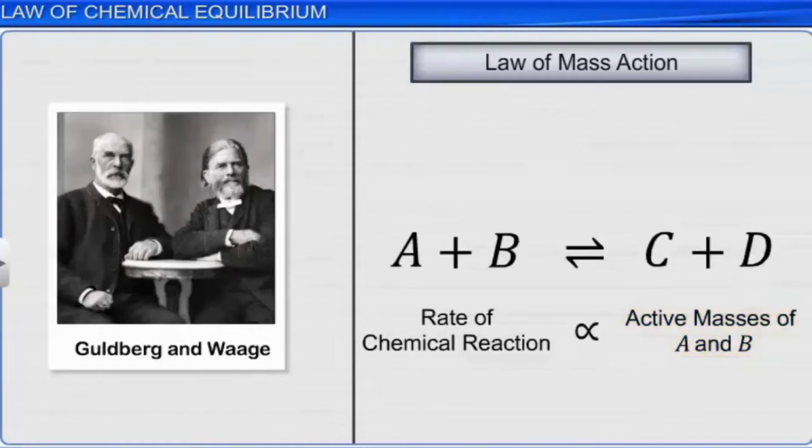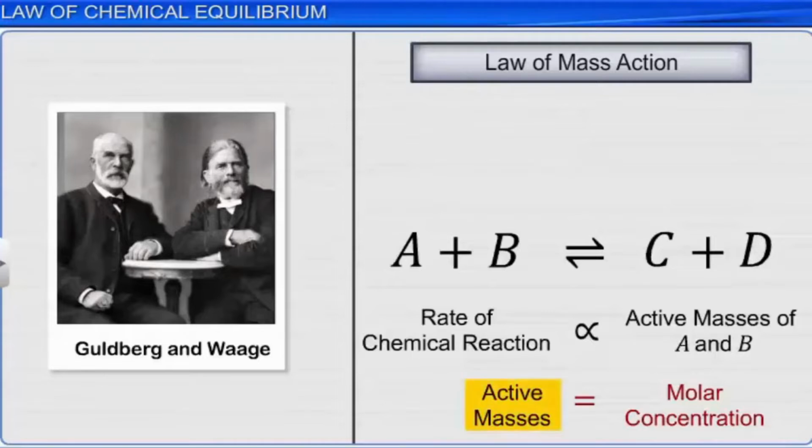The term active masses in present times refers to molar concentration. In the early days of chemistry, concentration was called active mass. Hence, this law is known as the law of mass action.